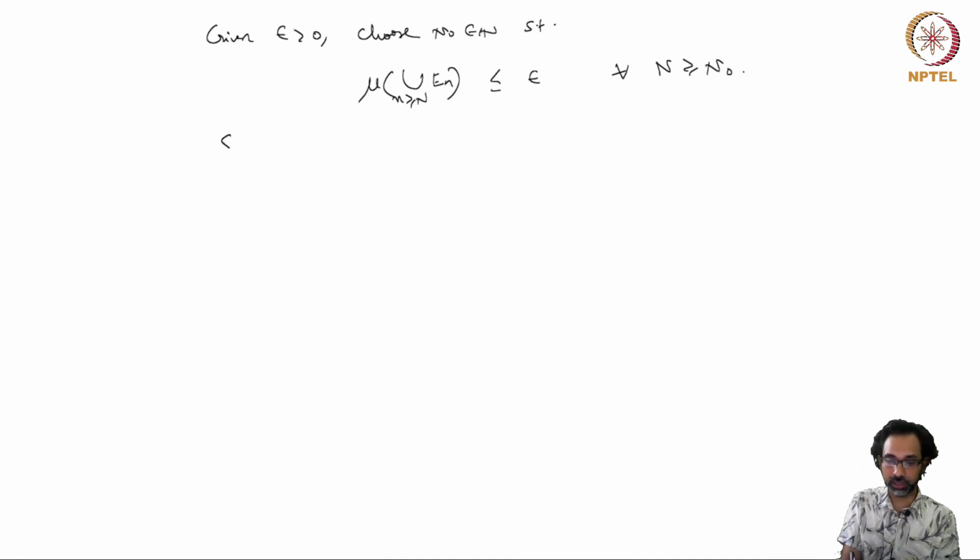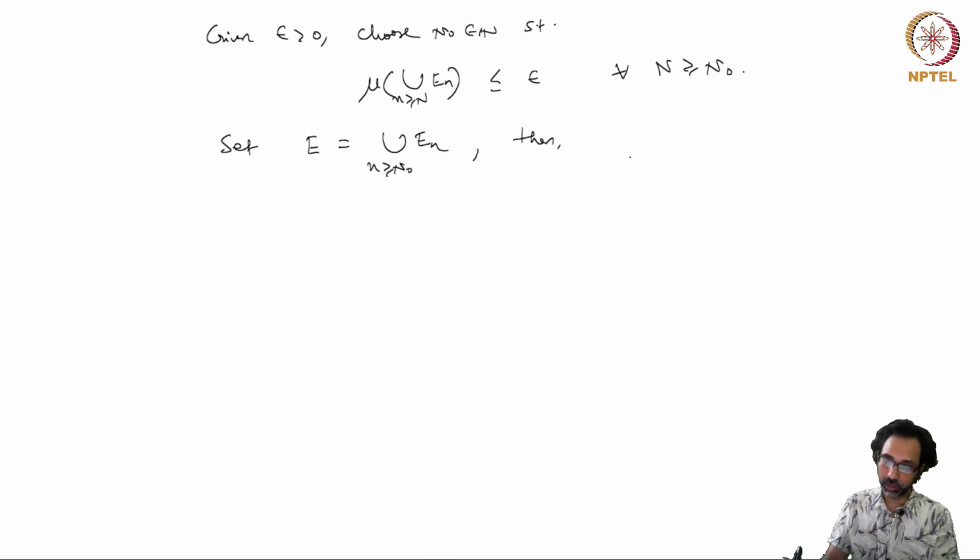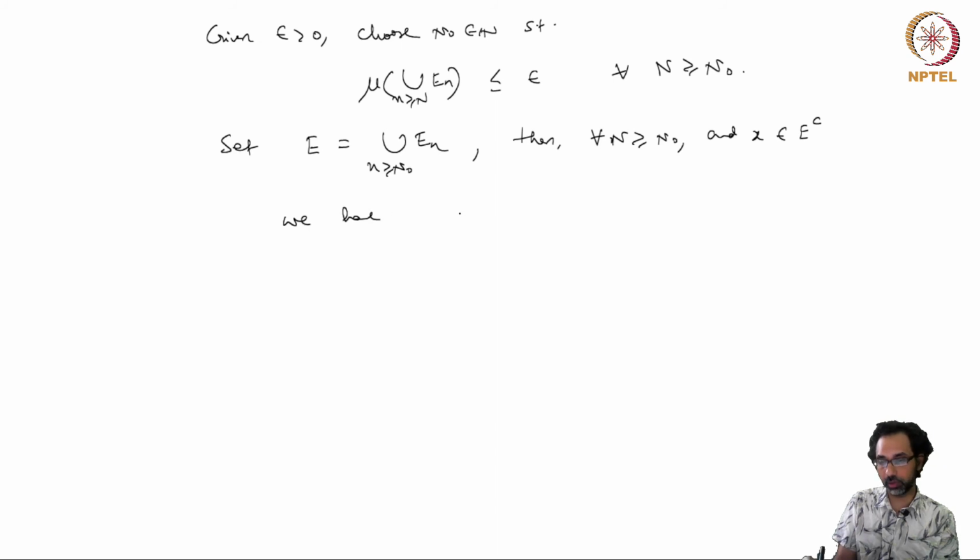So now if we set E to be the union over n greater than or equal to n naught of En, then for all capital N greater than or equal to n naught and x in E complement, we have that the modulus of Fn(x) equals F_N(x) equals 0, because x does not belong to any of these sets En.